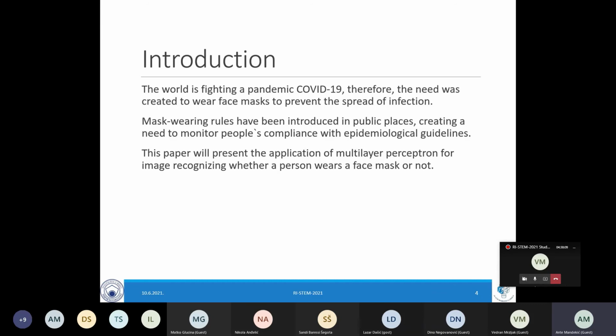For these reasons, our work will present image recognition of whether a person wears a face mask or not. This use of machine learning for image classification can help us improve the efficiency of detecting who complies with epidemiological guidelines and who doesn't, which will then help us in stopping the spread of COVID-19 infection.